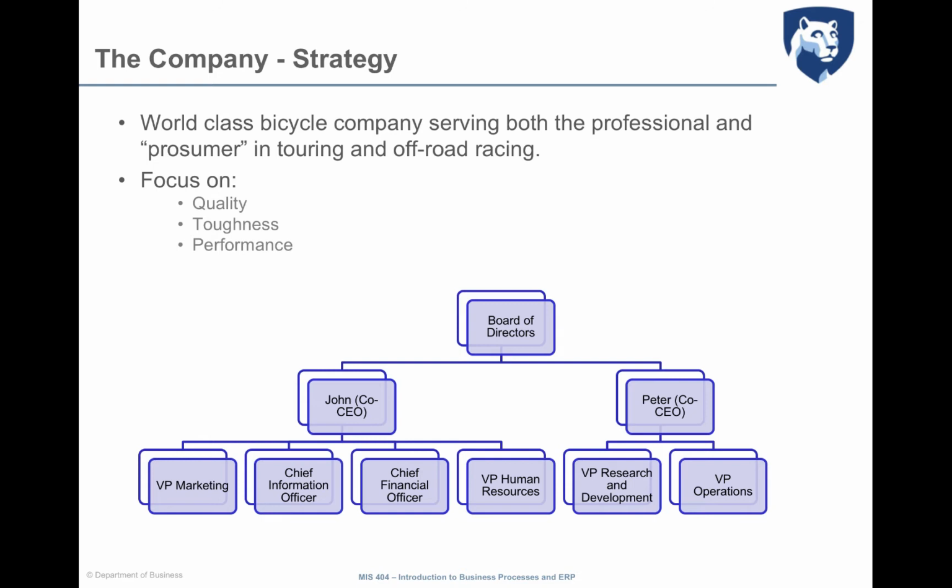In particular, John is responsible for sales, marketing, service and support, IT, finance, and human resources, while Peter is responsible for research and design, procurement, manufacturing, and so on. So all that is related to the supply chain.